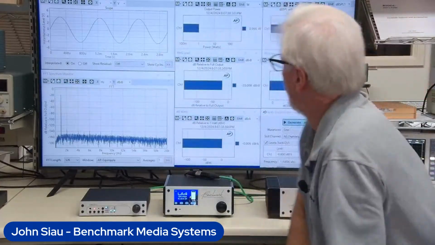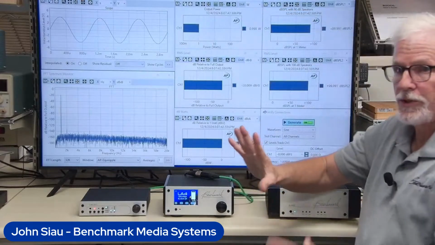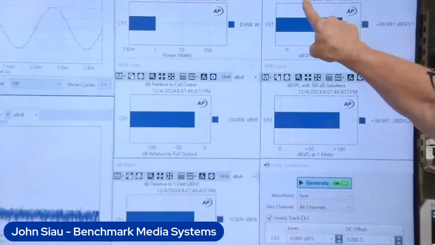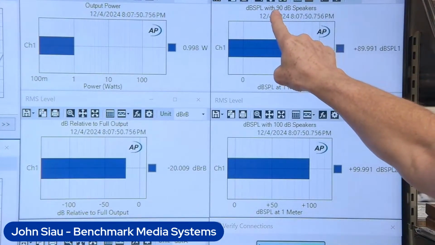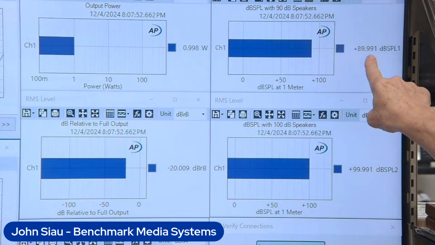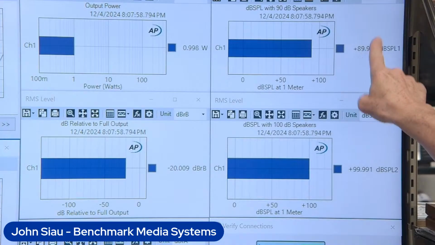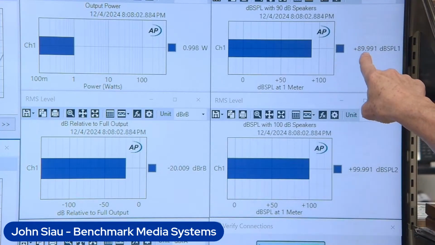And over here, and this is going to be important when we're talking about how audible the noise is, if we have a set of 90 dB SPL speakers, the output right now would be 89 dB SPL. So with 1 watt going in, it's 90 dB SPL coming out.